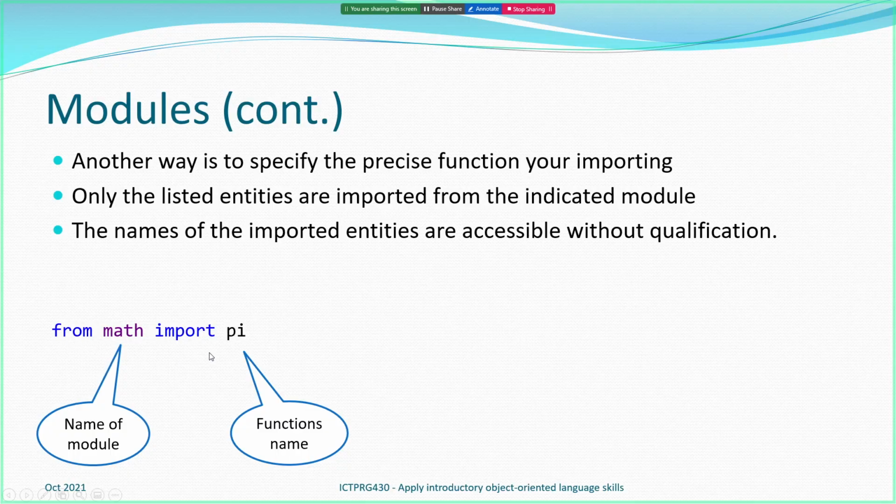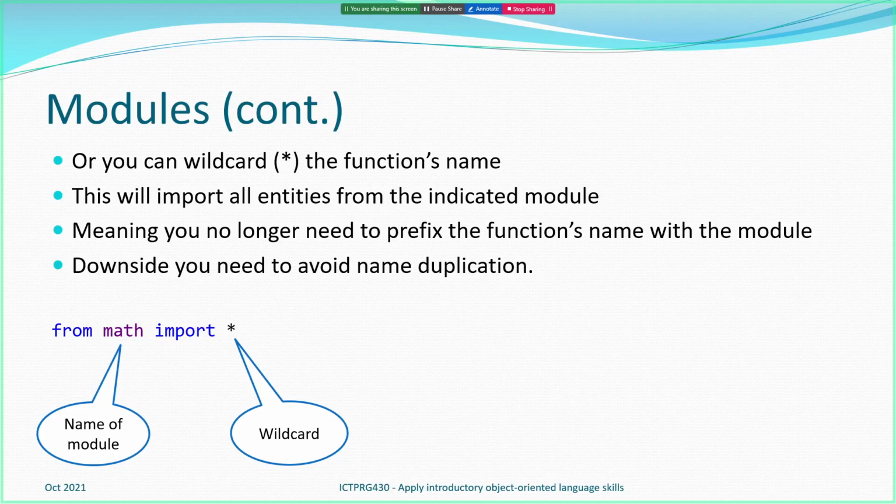Instead of just import and the module name, we're going from the name of the module, import the function. So this is specifically importing just a function that we want out of the module. This limits the scope of the duplication of names.